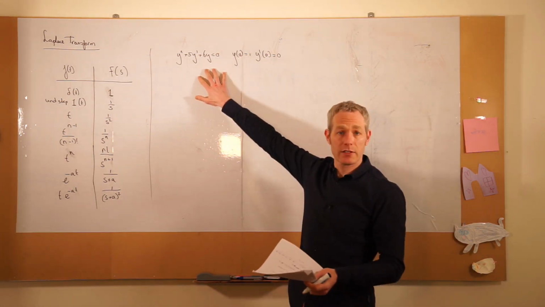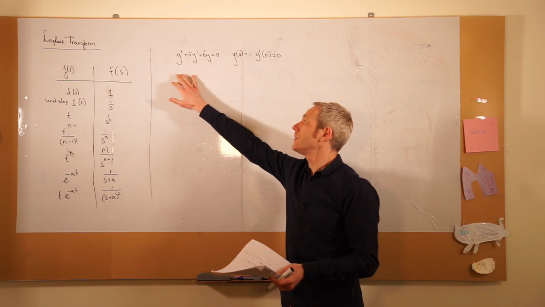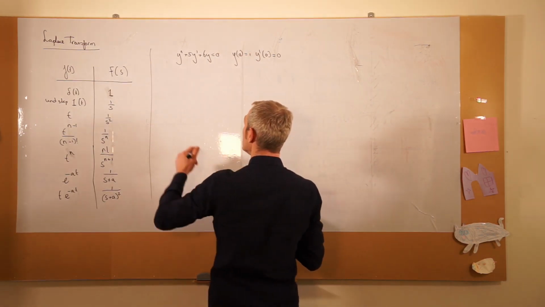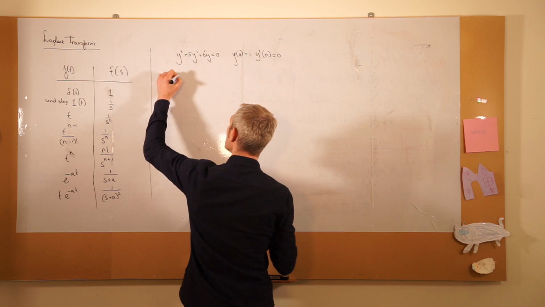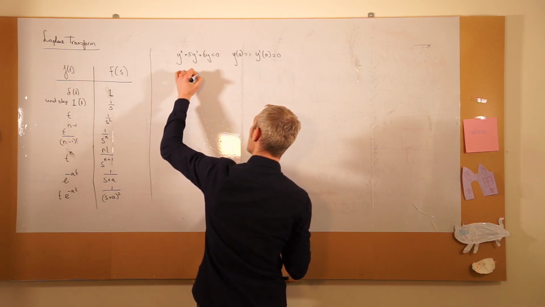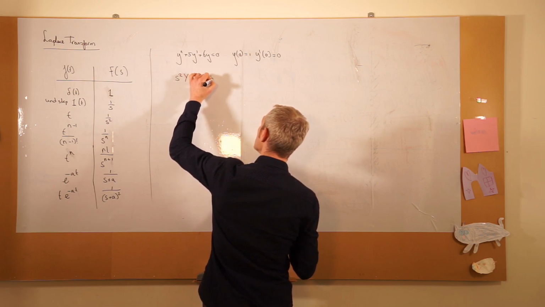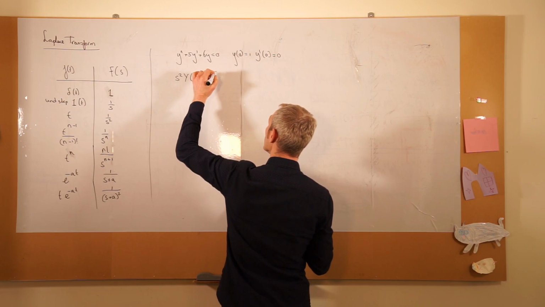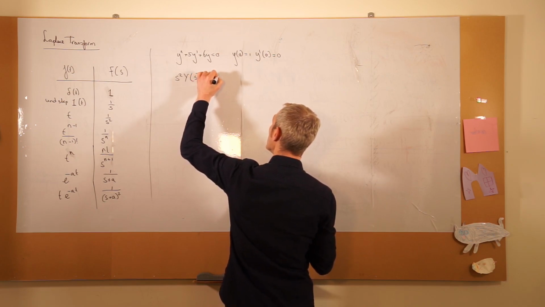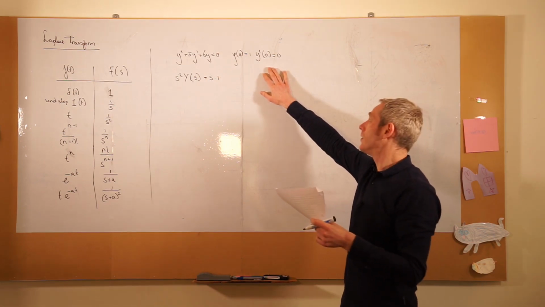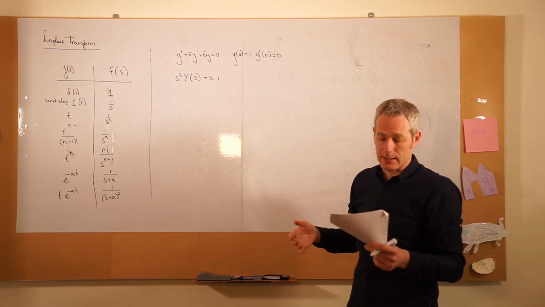We will take the Laplace transform of this differential equation, and the second derivative gives s squared times the Laplace transform of y, minus s times the initial condition of y, so that is 1, minus the initial condition of the derivative, which in this case is 0.